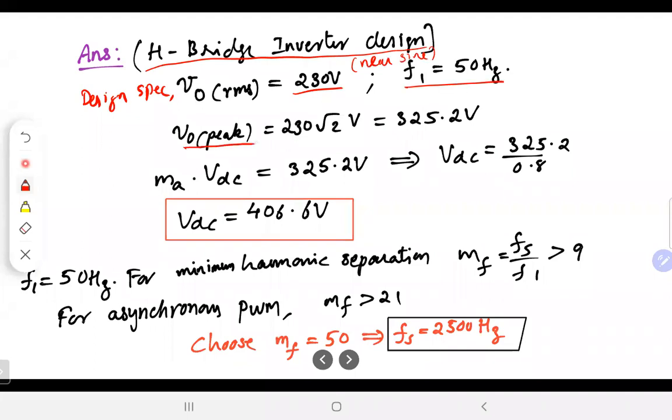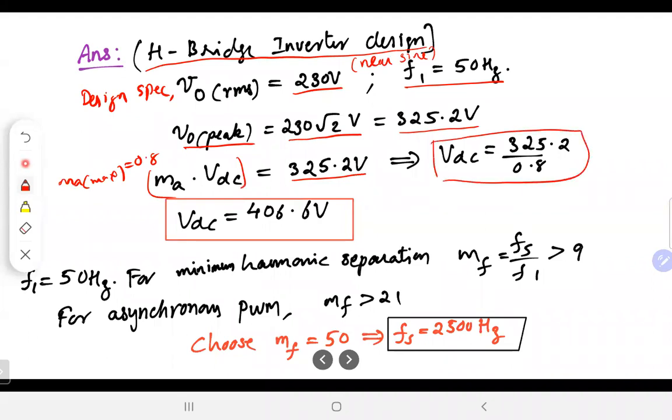So we would want the peak to be 230 volt times root 2, about 325.2 volt. We know that MA times VDC is 325, and MA max is chosen to be 0.8. So VDC we can compute using this. It will be about 400 volt.